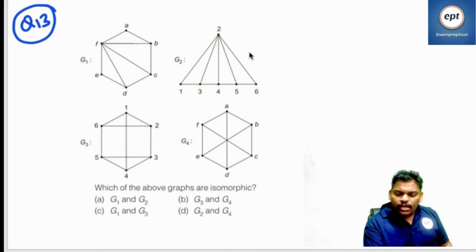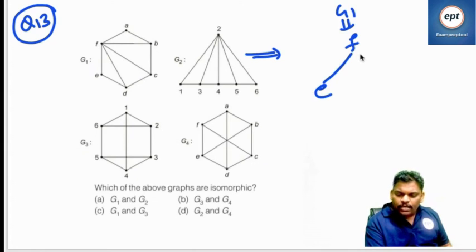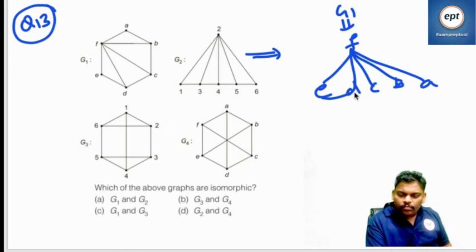So if you see the G1 diagram, same story. F is the source. This side is E, this side is A, remaining is D, C, B. Same answer, same diagram.